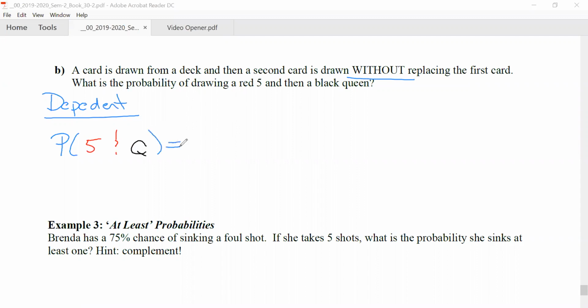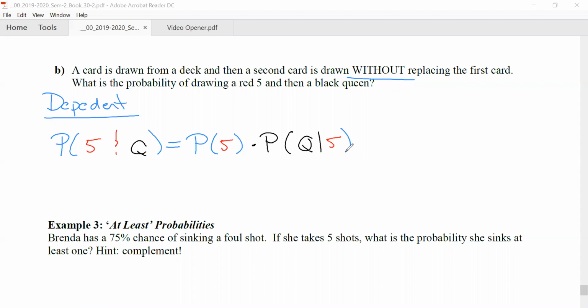What this is going to give me is the probability of the first event, which is me getting a red 5, and the probability that I get a queen that's black, given that I've already had a red 5. So that's the proper way to write that down, just like that.